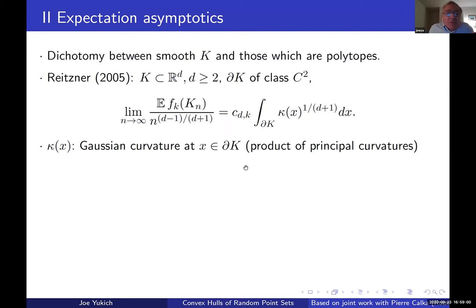One of them is a universal constant that depends upon the dimension d and k. Remember, when k is 0, we have the expected number of vertices. When k is 1, it's the expected number of edges, and so forth. So one constant is c_{d,k}, and the second constant is the integral of the Gaussian curvature to the power 1 over d plus 1. So we integrate the Gaussian curvature over the boundary, and this forms the second constant.